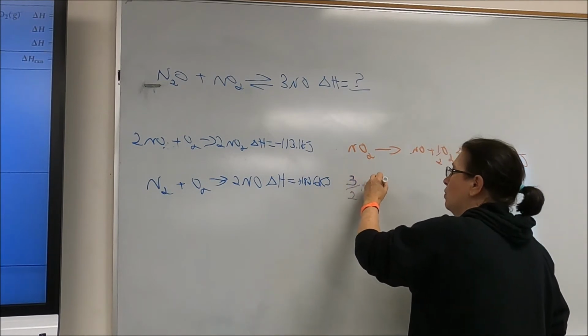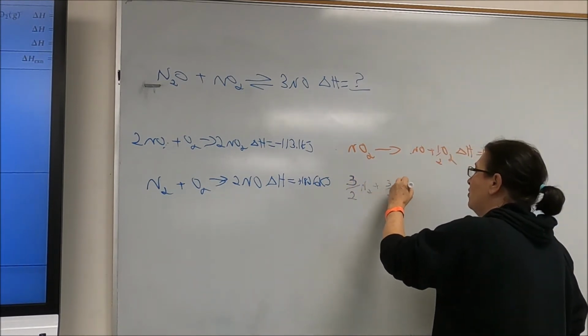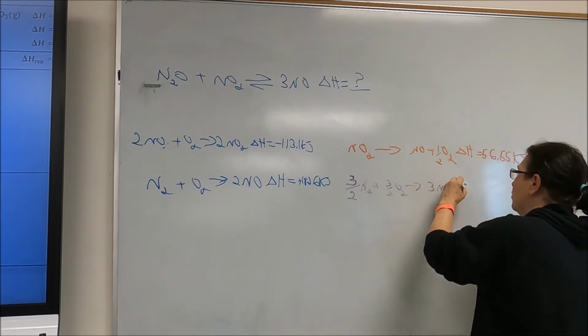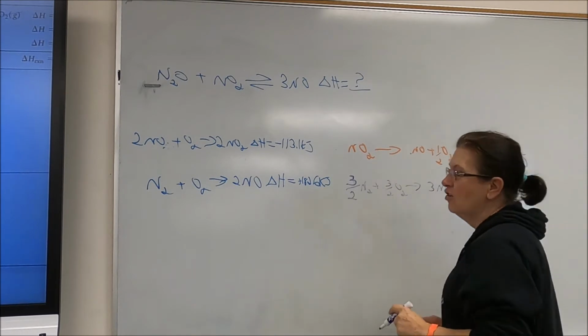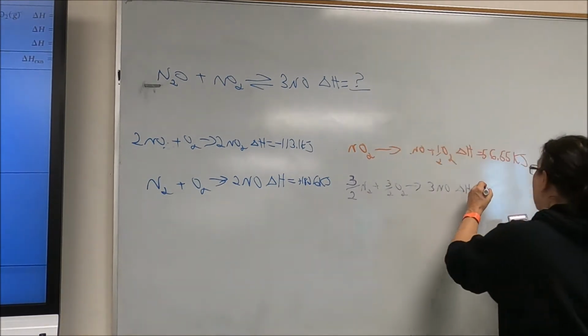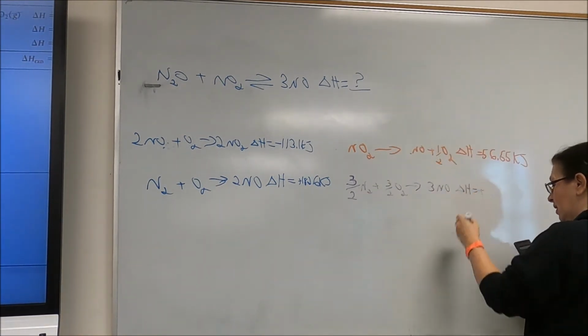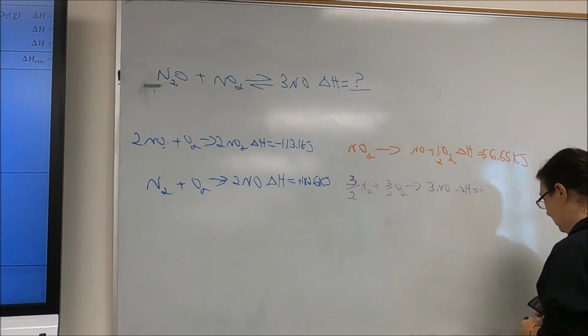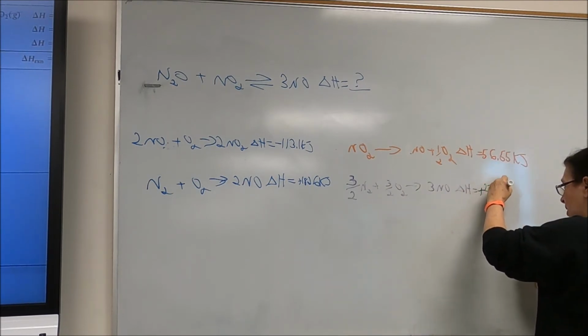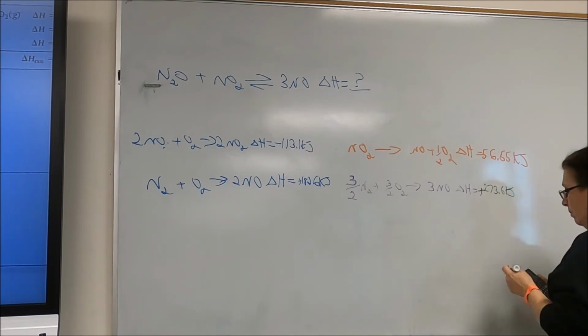So I get 3/2 an N2 plus 3/2 an O2 going to 3 NOs. So my delta H, I'm just going to have to multiply that by 3/2. So 182.6 divided by 2 times 3, I get a plus 273.6 kilojoules.